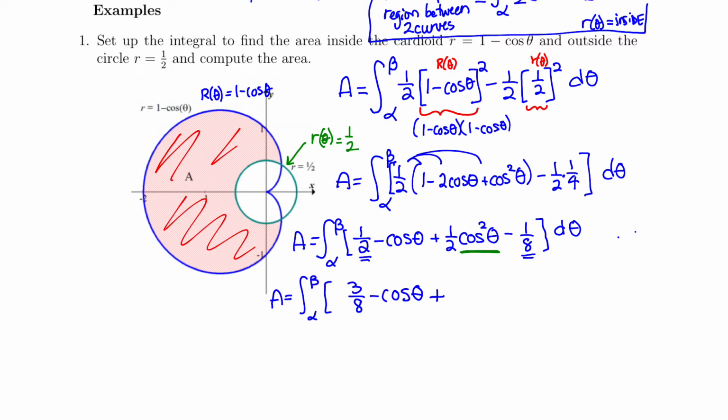Cosine squared, hang on, so I have a 1/2 and then cosine squared becomes 1/2 times 1 plus cosine 2 theta, right? Or 1/4 plus 1/4 cos 2 theta. I hope I did that right.